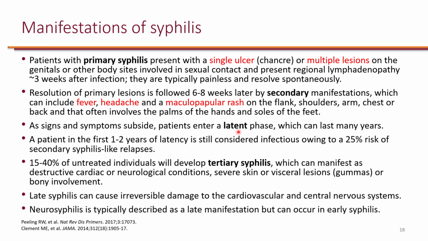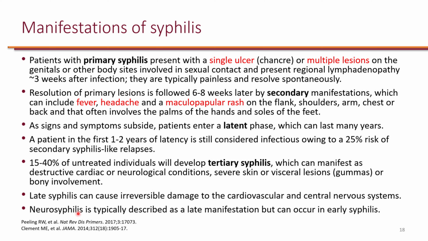And after the latency is over, at some point it will develop into tertiary syphilis, and this is where you get the very severe complications. So typically involving the heart, so it can cause cardiovascular disease, but also neurologic conditions.